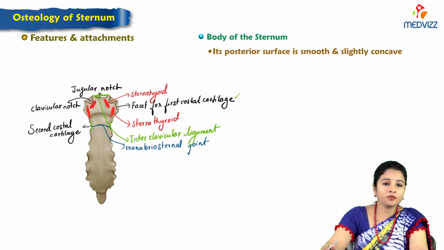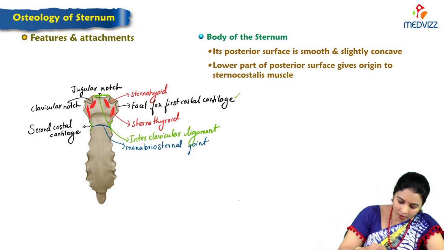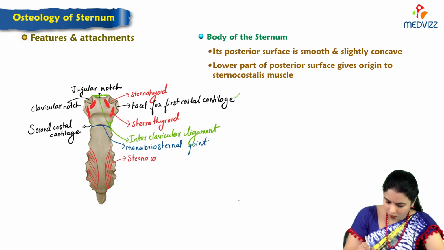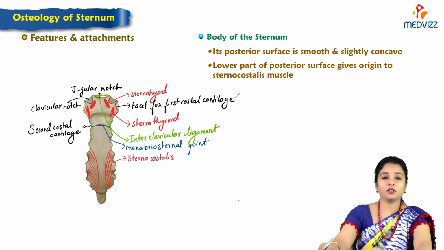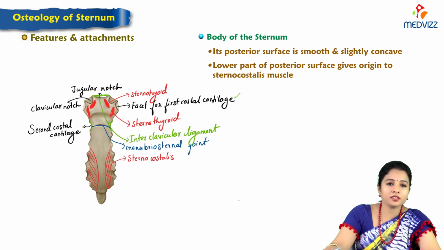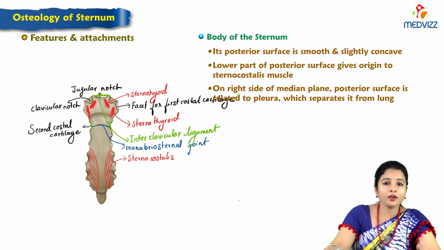The posterior surface provides origin to the sternocostalis muscle, from the lower part of the posterior surface of the body. And on the posterior surface, on the right side of the median plane, it is related to the pleura which separates it from the lungs.